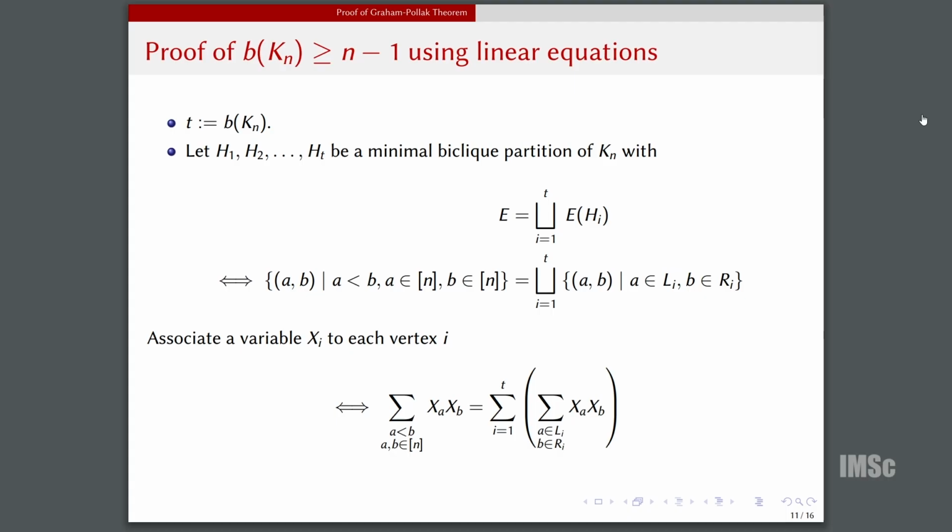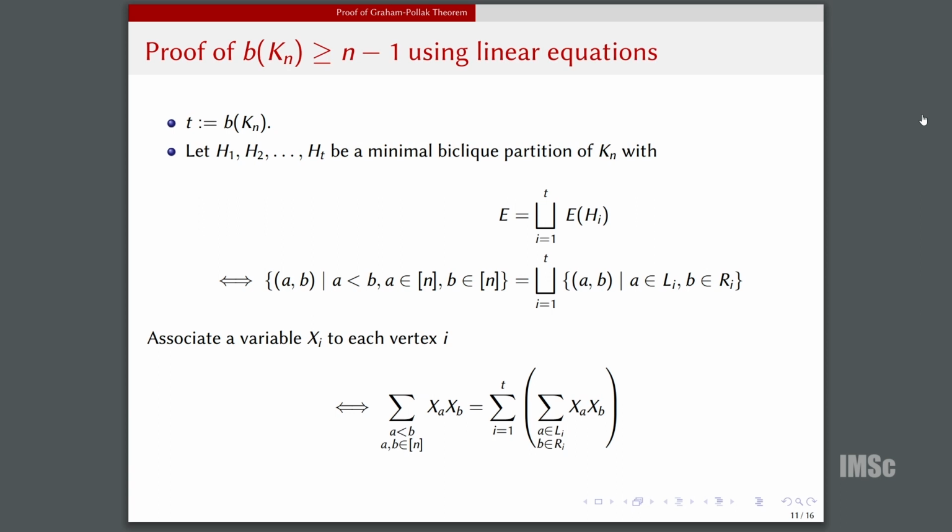And if we associate some variable xi with each vertex, this is the same as saying this, where the left hand side is a polynomial, like we are trying to encode this information into a polynomial equation. So the left hand side is a sum over all the edges of the complete graph. So I've written xa xb, and this term xa xb appears only once in the summation, it does not repeat.